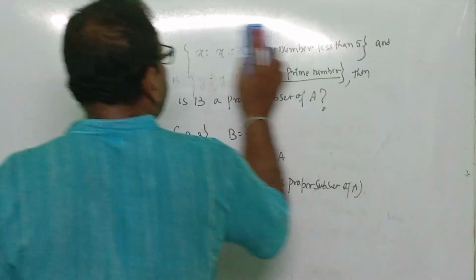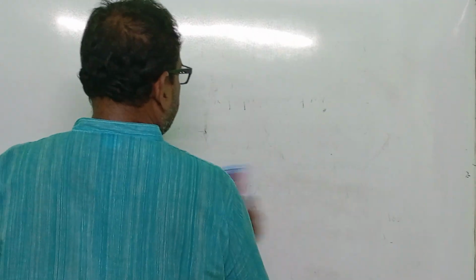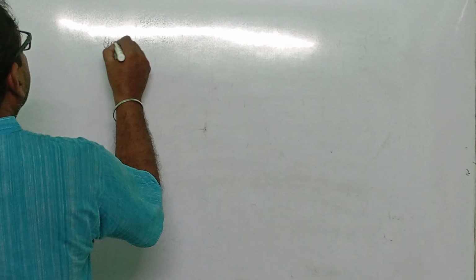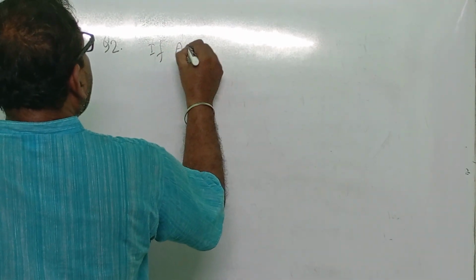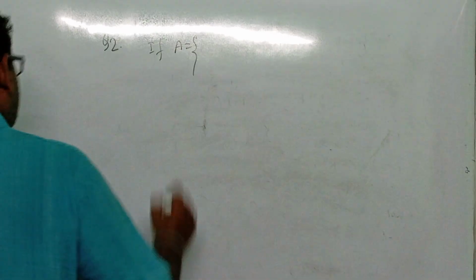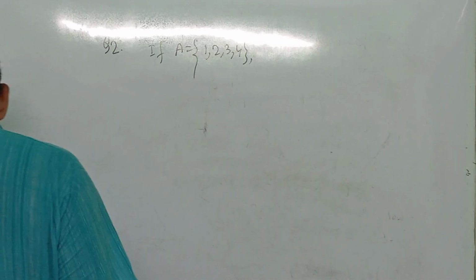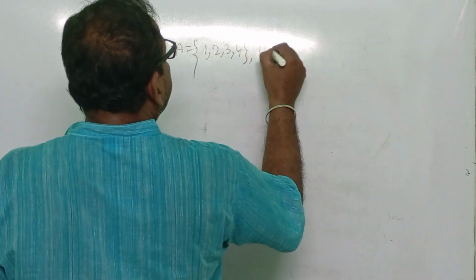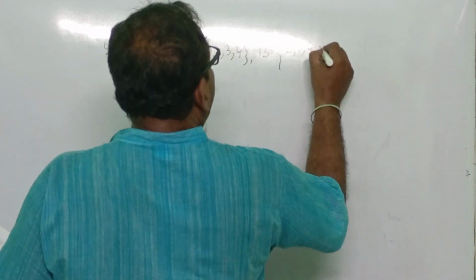Now question number 2. If A is equal to 1, 2, 3, 4, 4 numbers are there, and B is 2, 3, 4, 5.